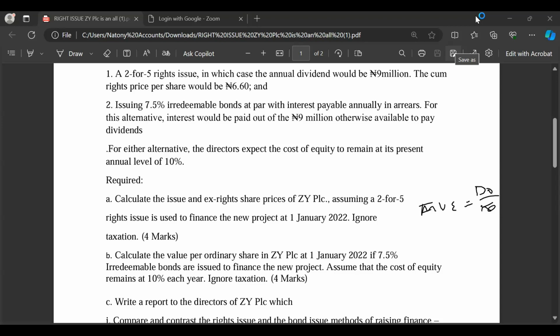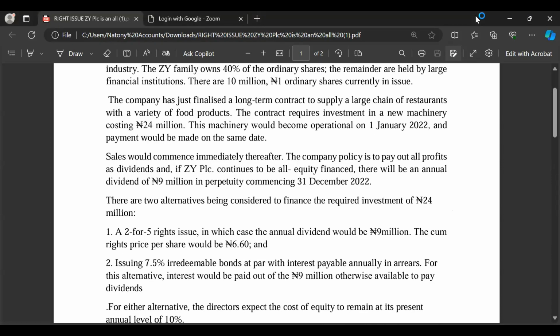In this question, let me go back a little bit. So let's look at what dividends will be like in the coming years. Sales would commence immediately thereafter. The company policy is to pay out all profits as dividend. If XYZ PLC continues to be all equity financed, there will be an annual dividend of 9 million in perpetuity.